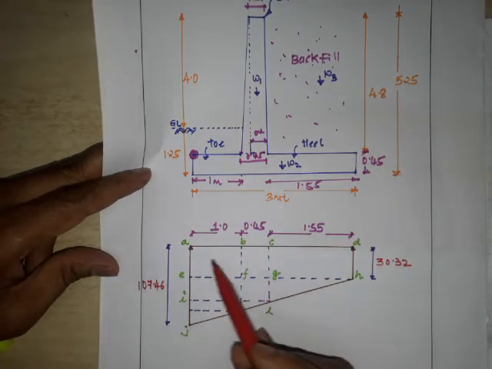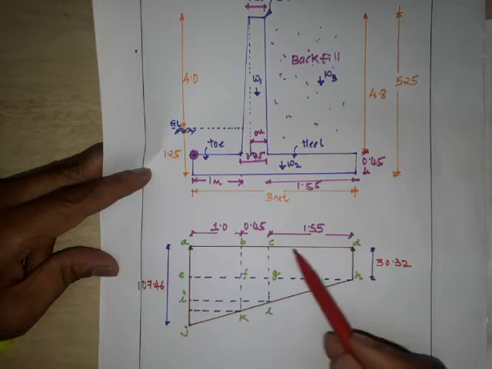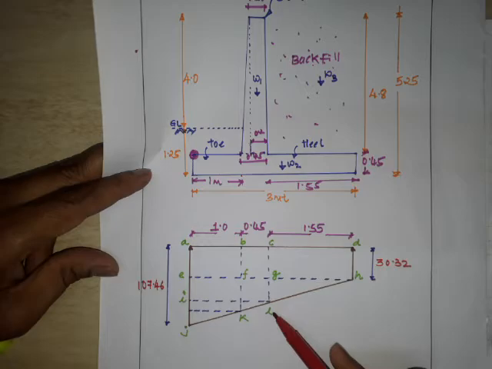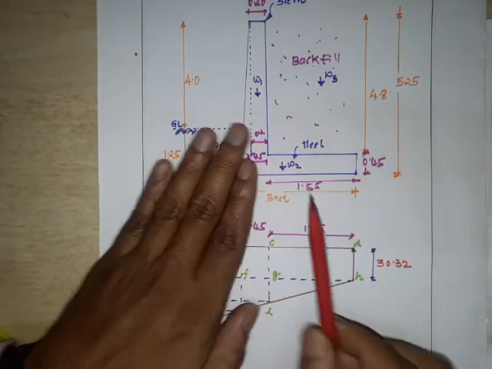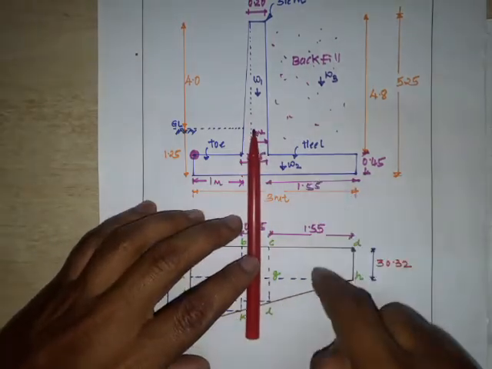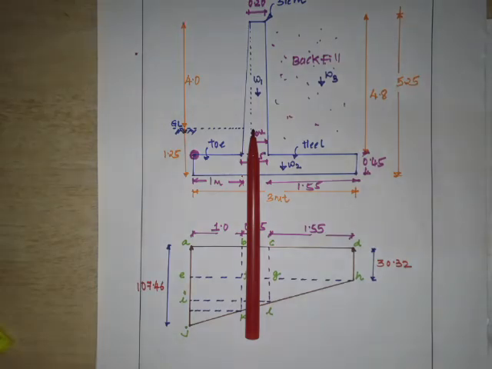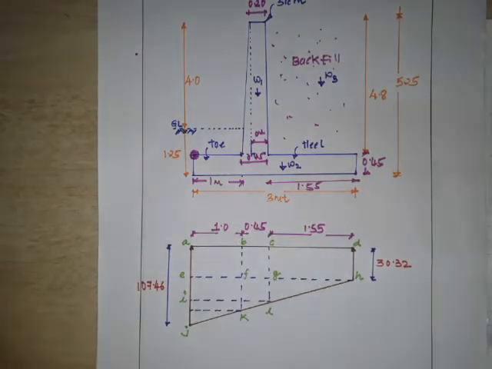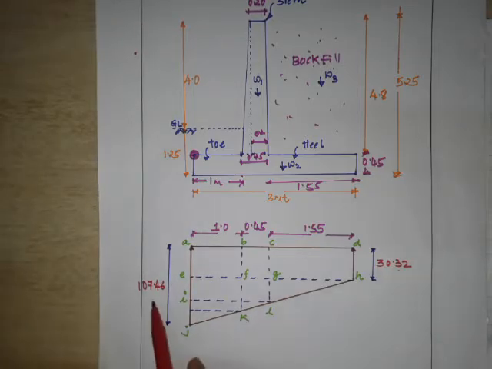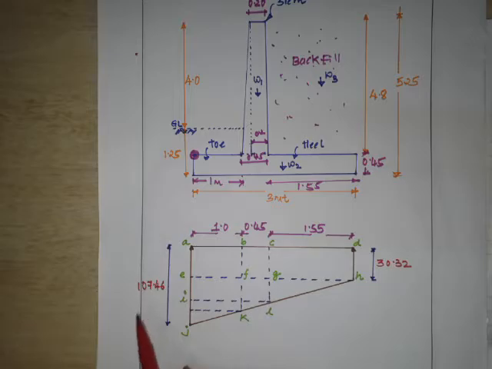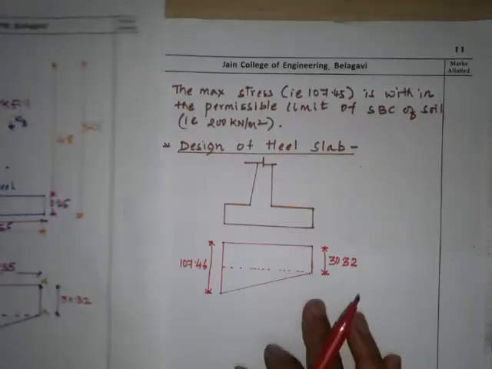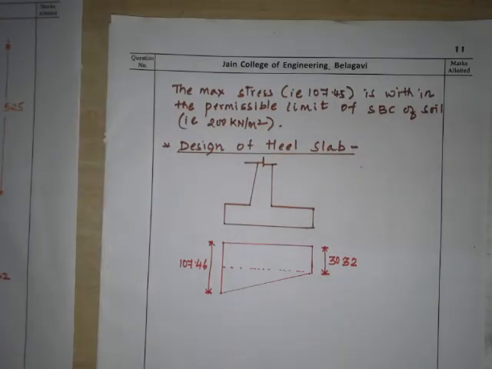So for heel slab I have to refer this much: CD, GH, because this part is with respect to heel slab and this part is with respect to toe slab. Understood? So we have 30.32, P minimum, and 107.46, P maximum. I have drawn the same here. So we'll move on to design of heel slab.